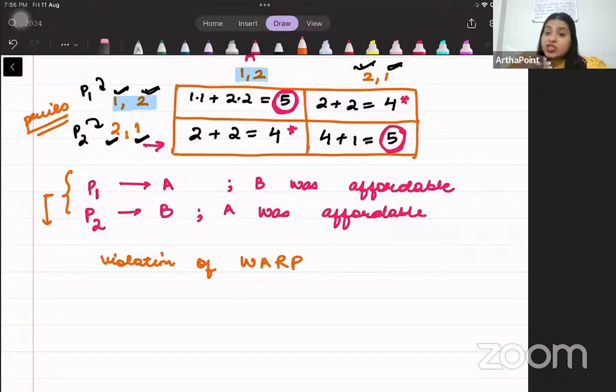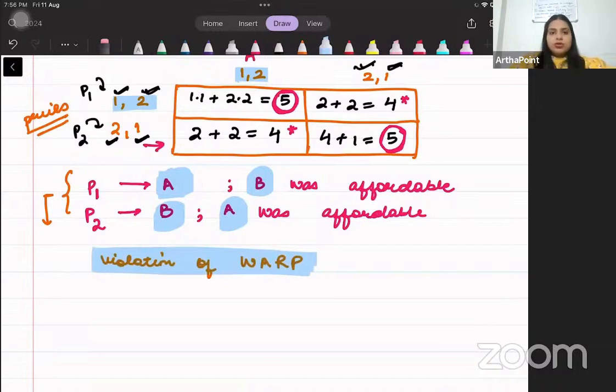You have changed your behavior at the new prices. First of all, you were choosing A. You could have chosen B also. B was affordable. You went for A. In the second part, you chose B. A was affordable, still you chose B. So you are changing your behavior. This is called a violation of WARP.